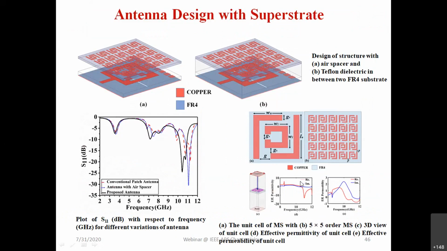When this layer is simulated using a periodic boundary, it is basically acting as a double negative medium above a particular frequency band, and this application provides bandwidth enhancement, or I should say, gain enhancement.